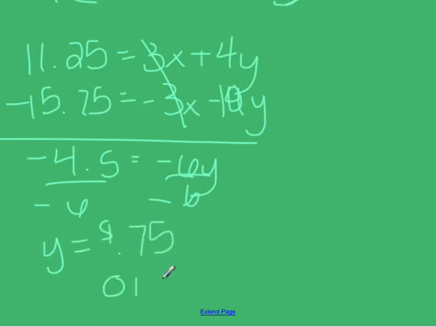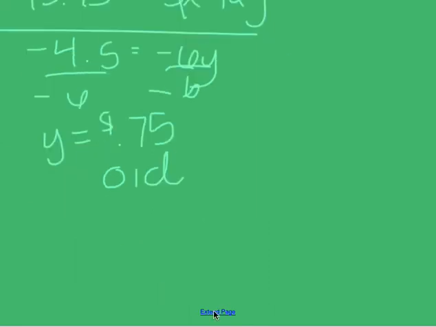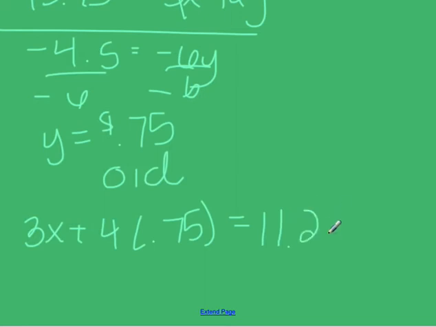And I want to label it old because that does represent the old comic book. So now we need to plug that in for our y. I'm just going to plug it into this equation right here instead of having the y. So I have 3x plus 4 times 0.75 is equal to 11.25.